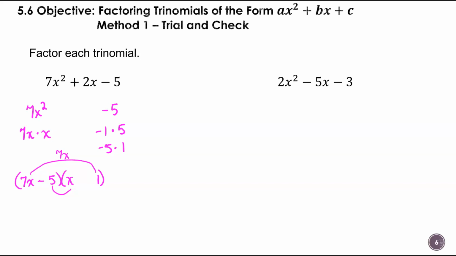So I think it makes sense that we're going to make the 5 the one that's negative, because then 7x minus 5x is 2x, and you can see that this one works. Now I'm just trying to talk you through the process you might go through when you are factoring in this way. So our factored form is going to be 7x minus 5 times x plus 1.